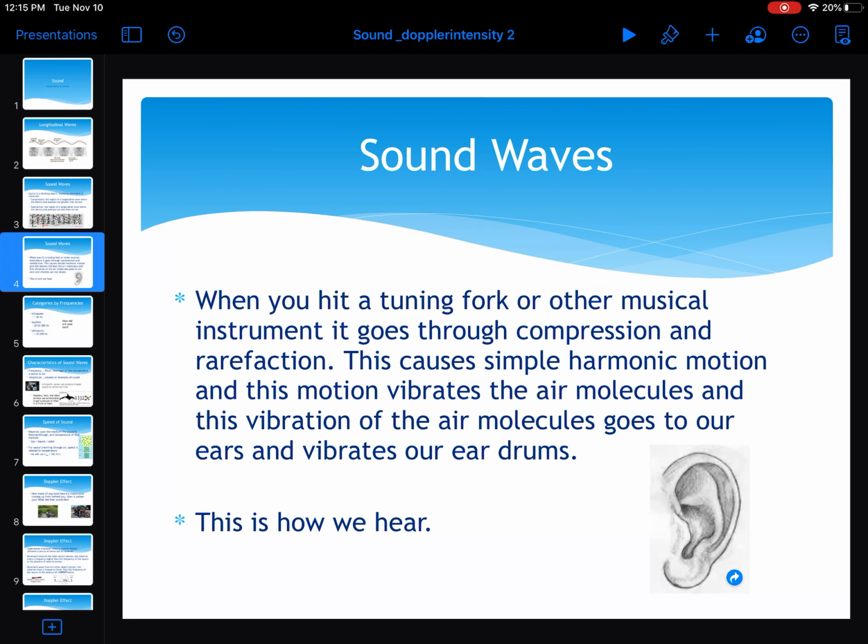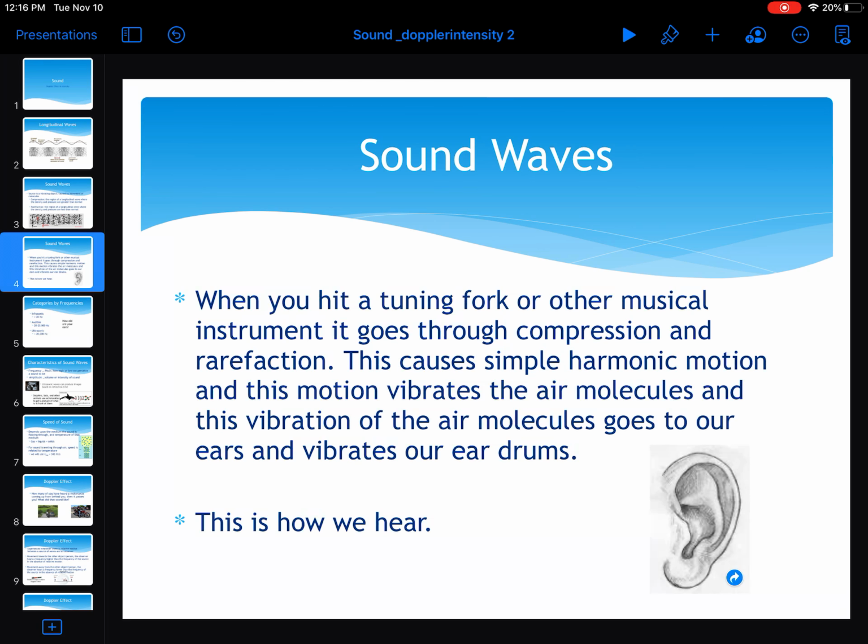So this repetitive oscillating motion, again, is called simple harmonic motion, where it goes through that cycle over and over again. When we have vibrations, those vibrations are passed to the next molecule, or when it bumps into another molecule, it will pass that energy on.